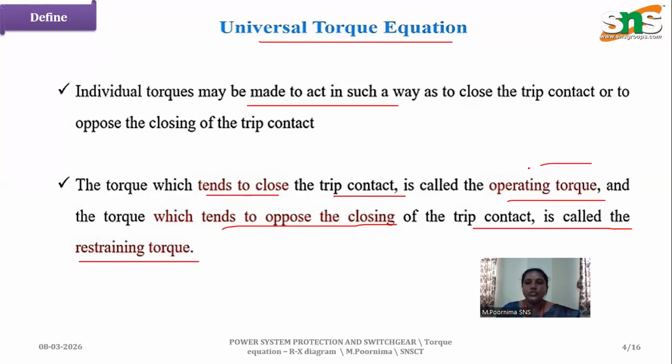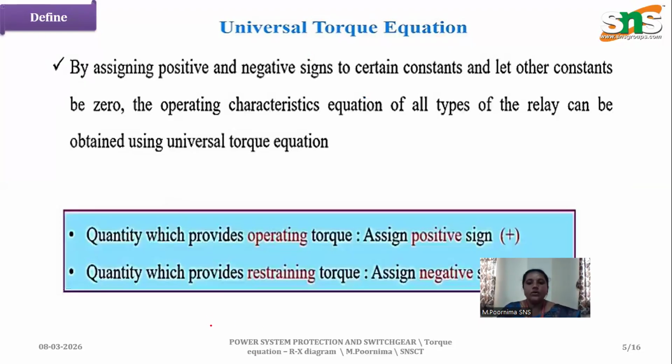We have two main torques: one is the operating torque, and the other is the restraining torque.